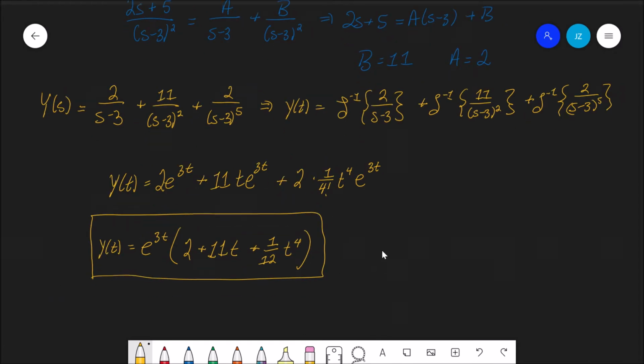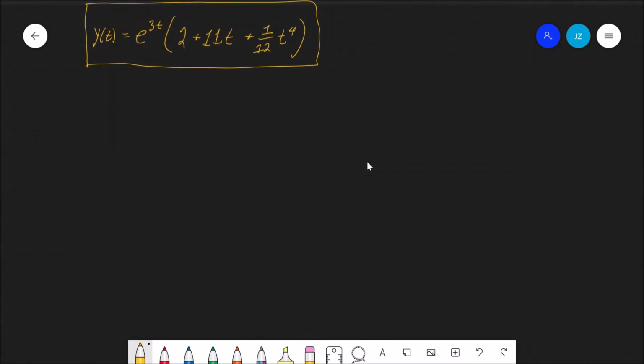We will now look at the second translation theorem. However, before we do that, we need a definition.